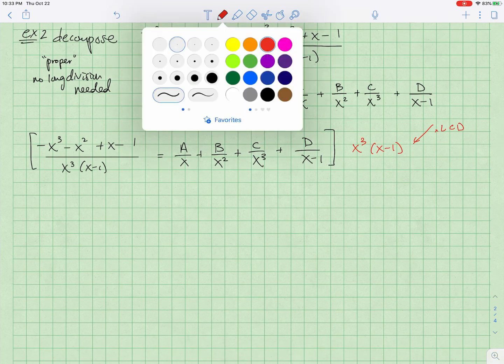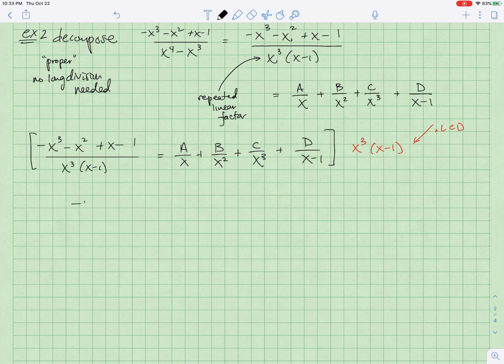And what we're going to get when we do that is, on the left, we're going to get negative x cubed minus x squared plus x minus 1 as the entire denominator cancels. And then for a, we're going to get 1 power of x to cancel. We'll be left with x squared.